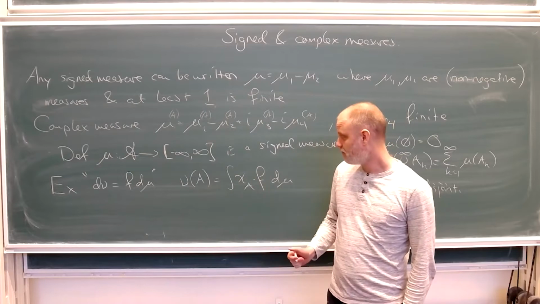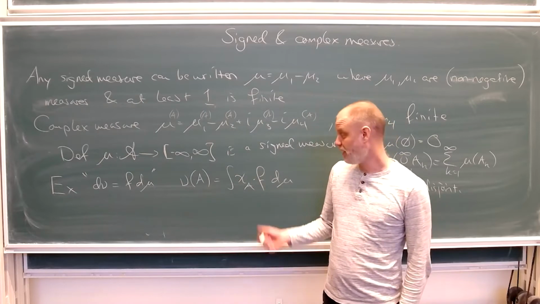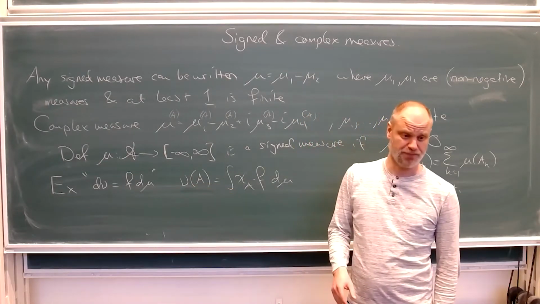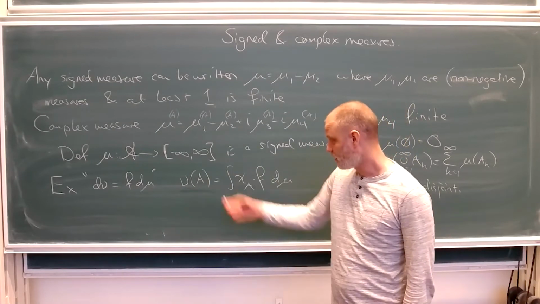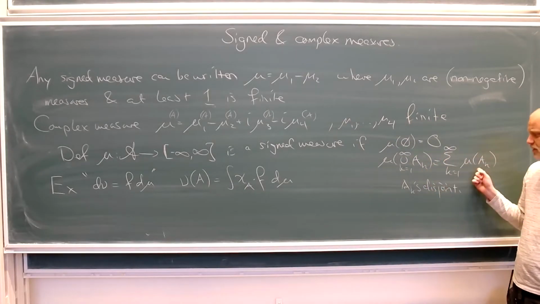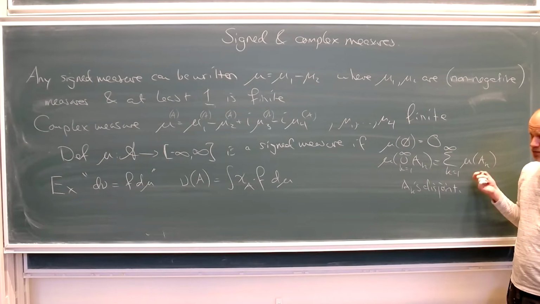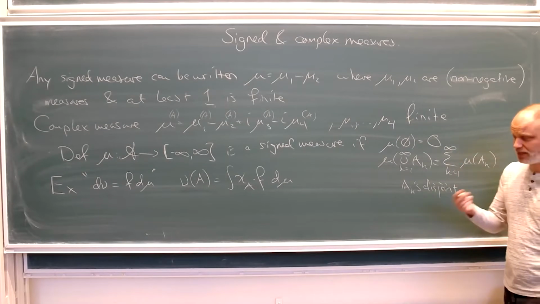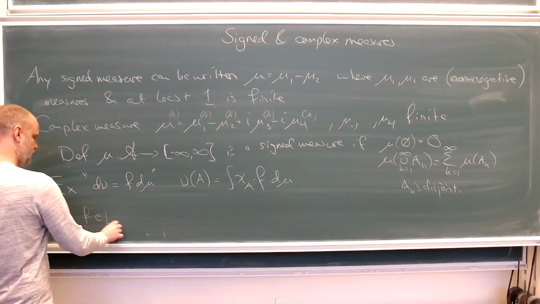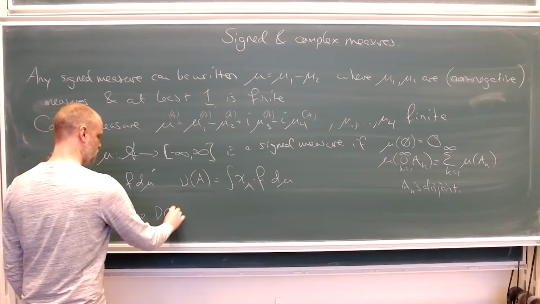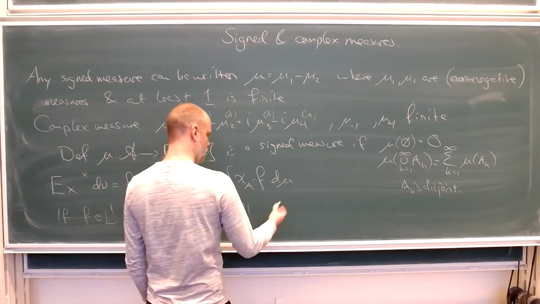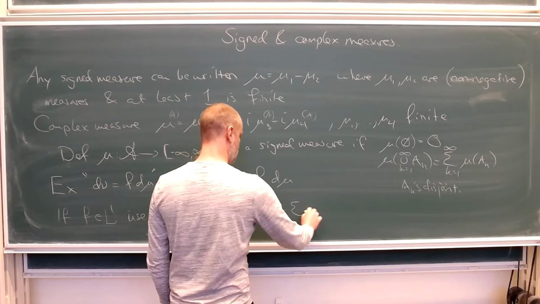Anytime you have an L1 function f, this gives rise to something that has a meaning. So this number exists. If I put the empty set here, I get 0, and by the Beppo Levi or dominated convergence theorem, I think it is, it's a small exercise to check that we do have this. Should we do that? So this is a way of getting a measure, right? If f is L1, use the dominated convergence theorem with g equal to the modulus of f, and f_K, you do the sum.